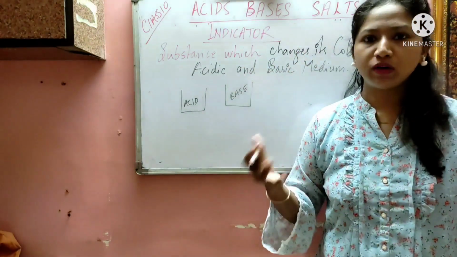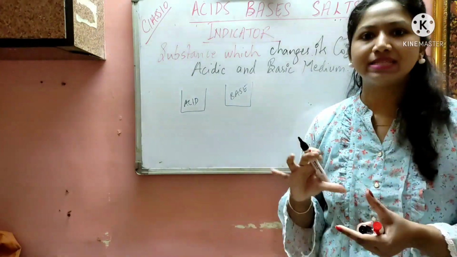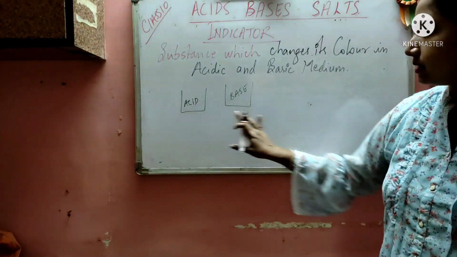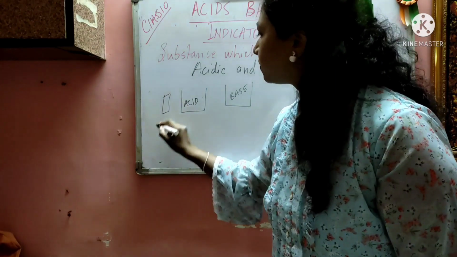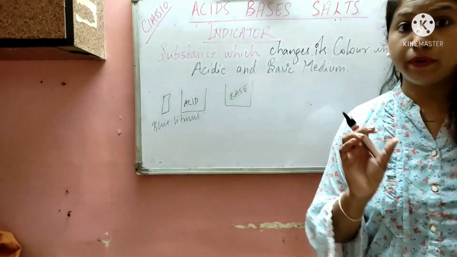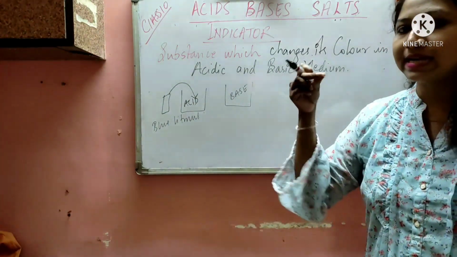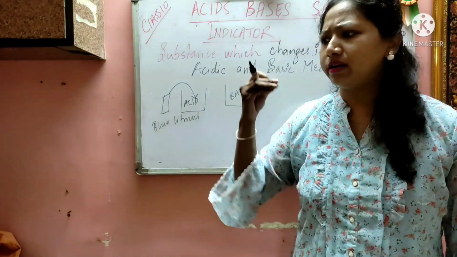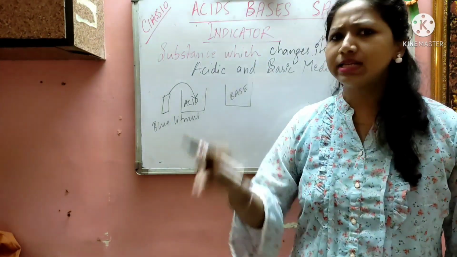We are going to talk about the types of indicators, but just to know whether the solution is acidic or basic, let's see an example. If you take a blue litmus and dip it into the acidic solution, or a solution you don't know is acidic, you just take the blue litmus and dip it into it.